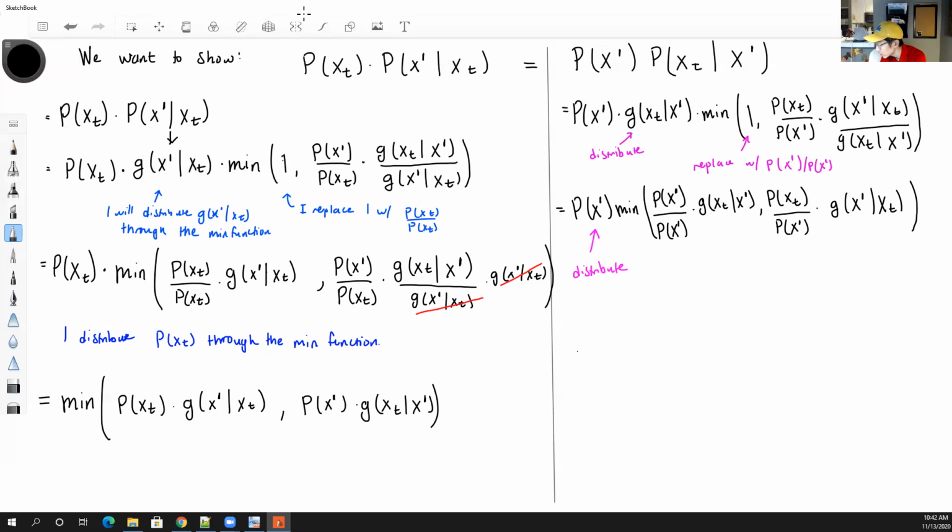On this side, I get the minimum of probability of x prime times g of xt given x prime, and probability of xt times g of x prime given xt.